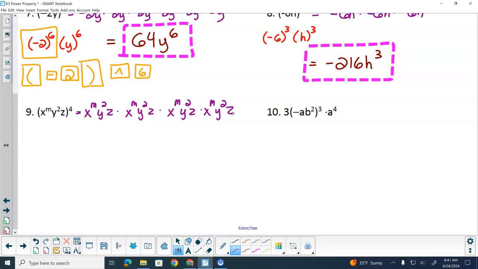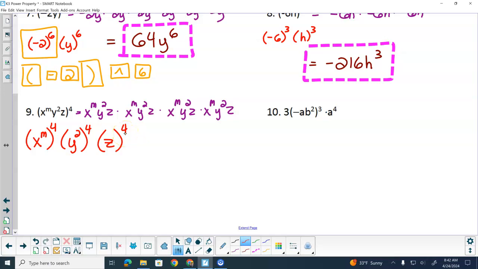Totally can write it out, right? Or I can take each part. So this one part would be x to the m, and that's got to be taken to the 4th power. Y squared is the next part, and that's got to be taken to the 4th power. Z has to be taken to the 4th power.